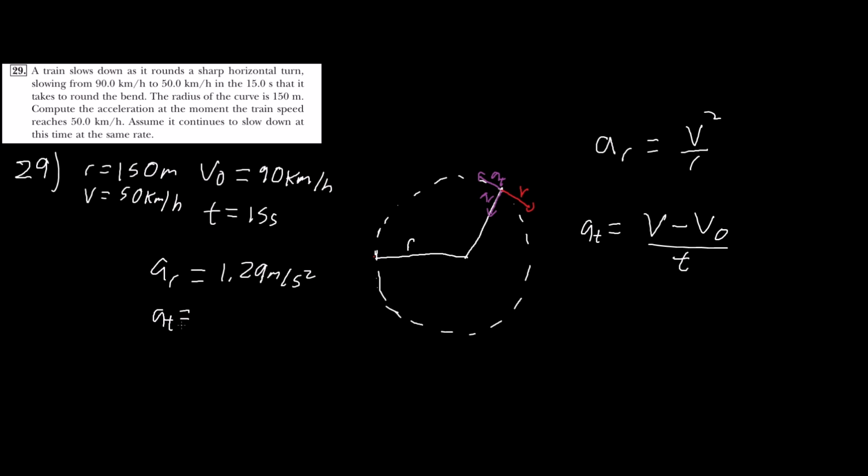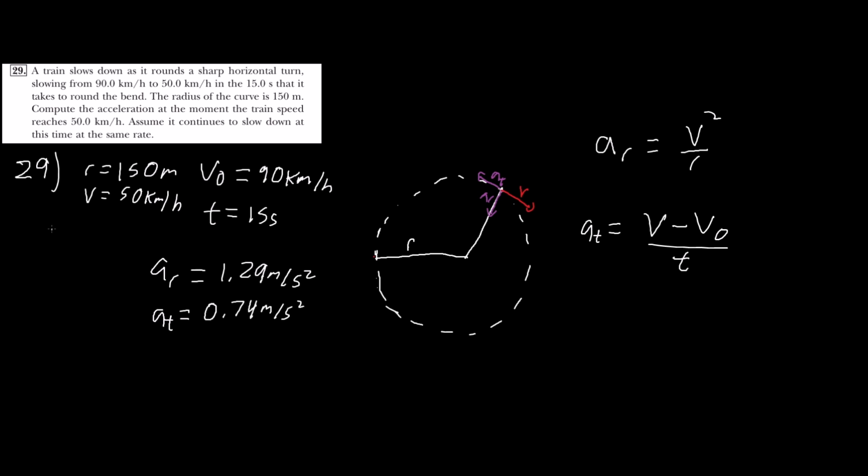You could keep it as kilometers if you want, it doesn't really matter. So I'm going to divide that by 15. So the A tangential is going to be 0.74 meters per second squared.